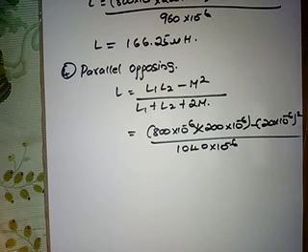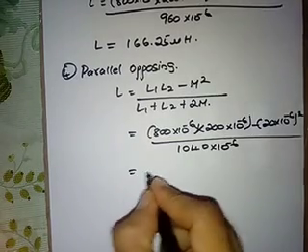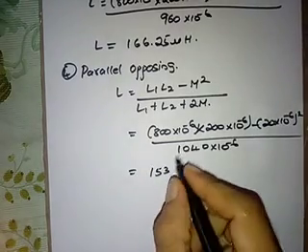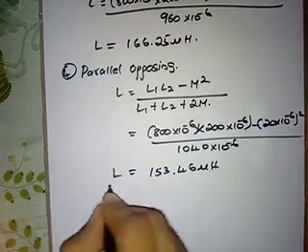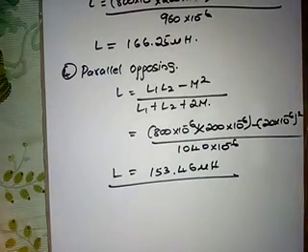L1 plus L2 plus 2M we have already found out in the first part of the problem, so just substitute that. So this comes out to 153.46 microhenry, the value of L. Right? So like this we have calculated the value of L, students.